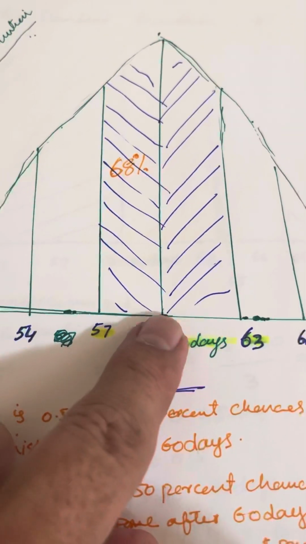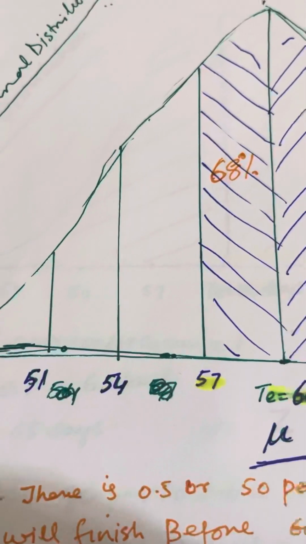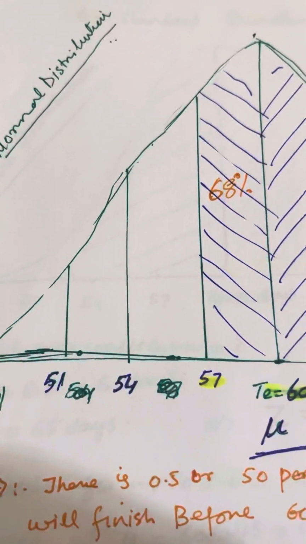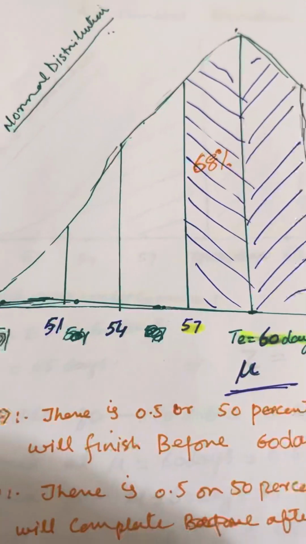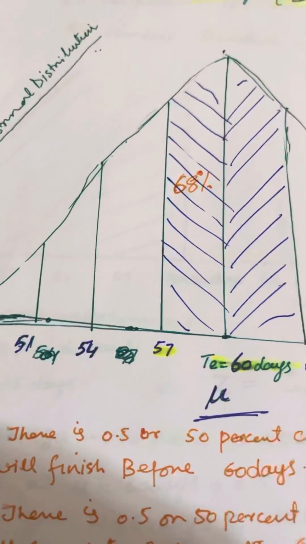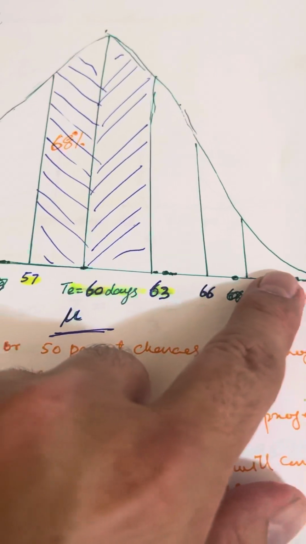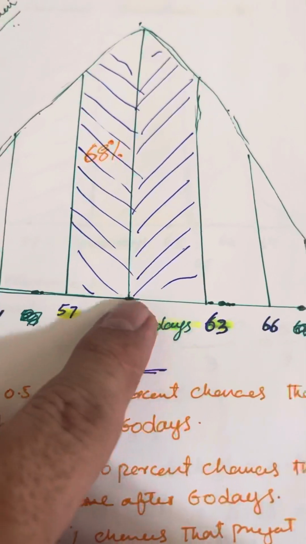So there is a 50% chance that the project will be completed before 60 days. You have to understand the probability a little bit. And from here to here is also 0.5 or 50%.